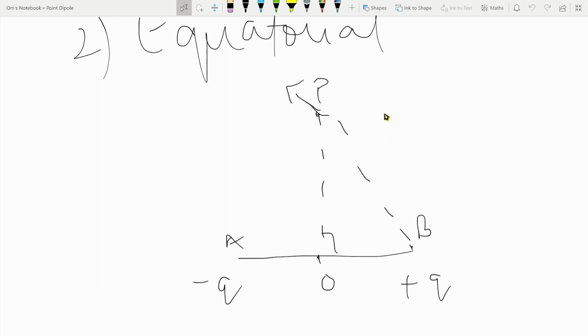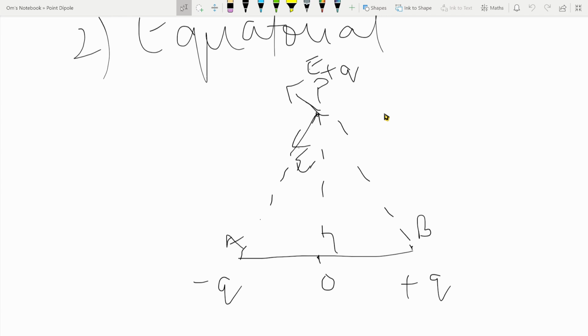So if I were to trace a line like this, we know that the electric field due to minus Q would actually point inwards like this. So what we need to do over here is actually find the vector sum of these two electric fields. So I could write these as E plus Q and E minus Q.